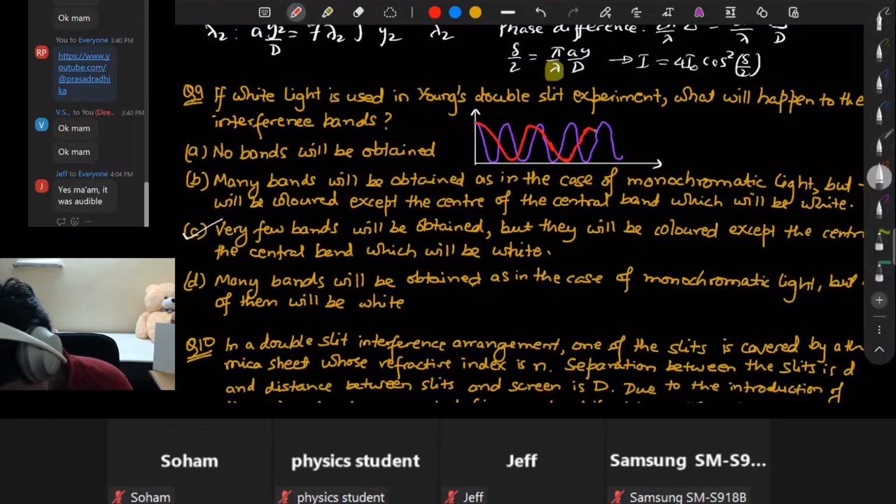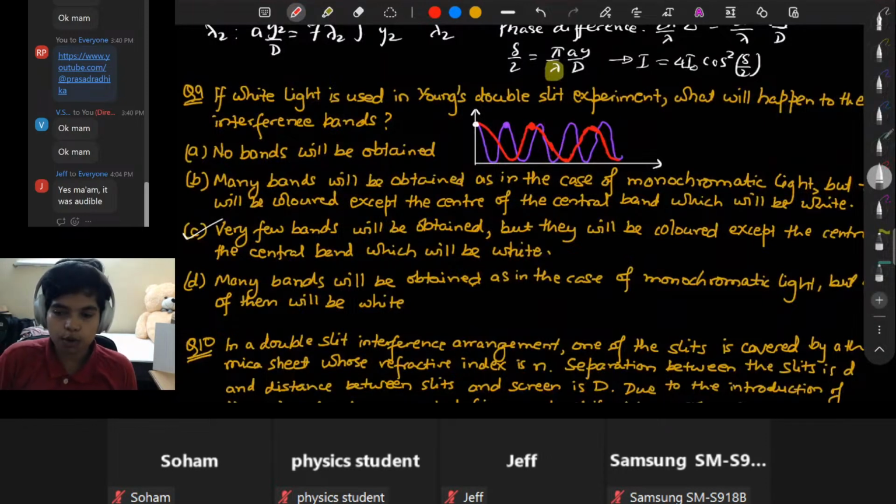Okay, so you see that at this point all the colors will have maxima. So this point will be white. Then you are going to see maxima for purple or violet, and finally you would see maxima for red. And then after some distance, again all the wavelengths will start overlapping.